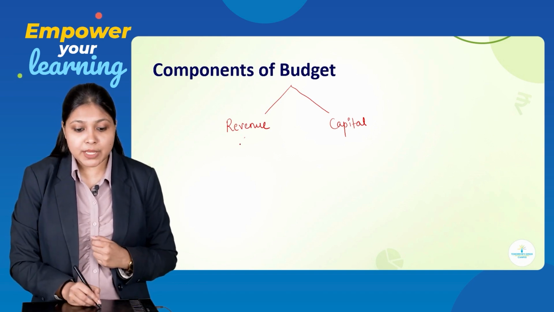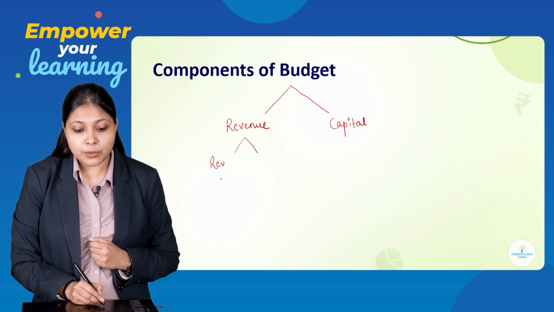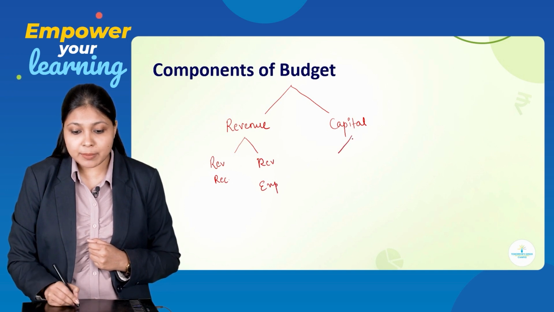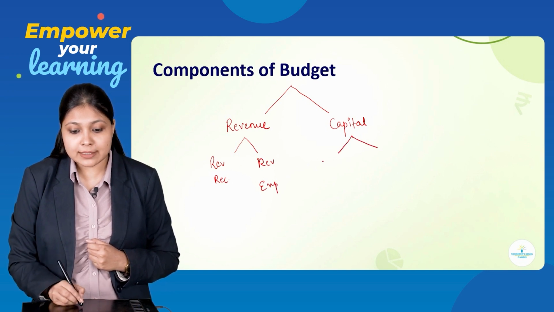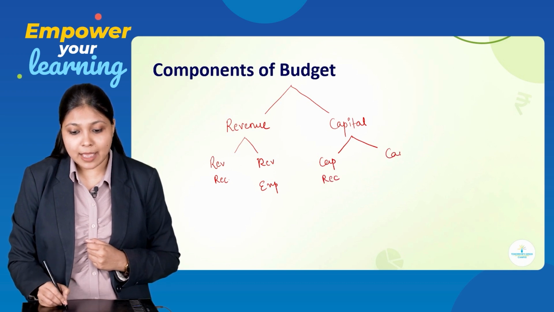Again, revenue budget is of two types, that is revenue receipts and revenue expenditure. Same way, capital budget is of two types, that is capital receipts and capital expenditure.